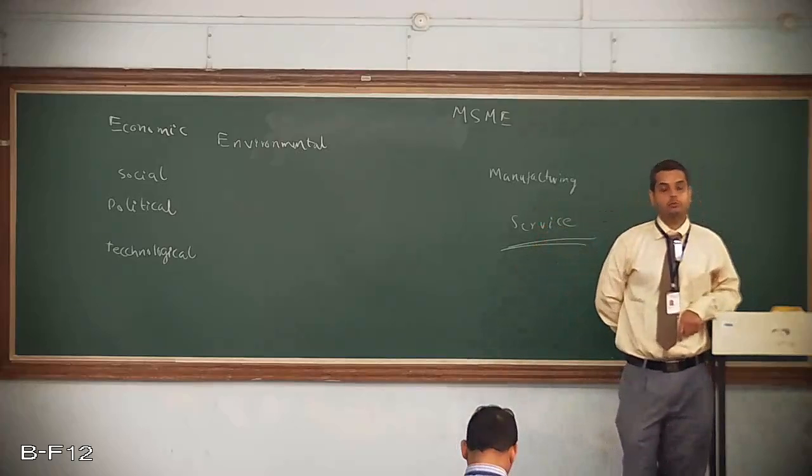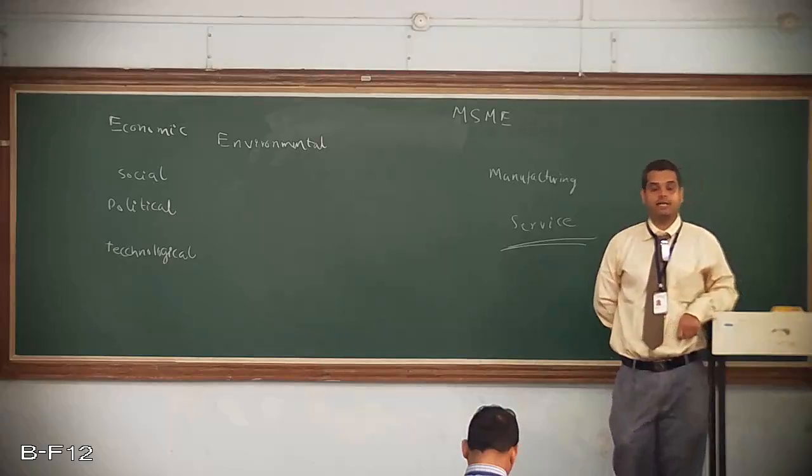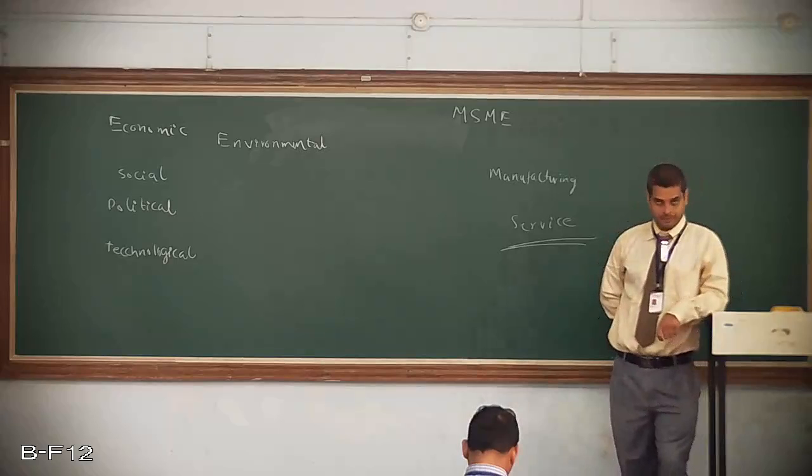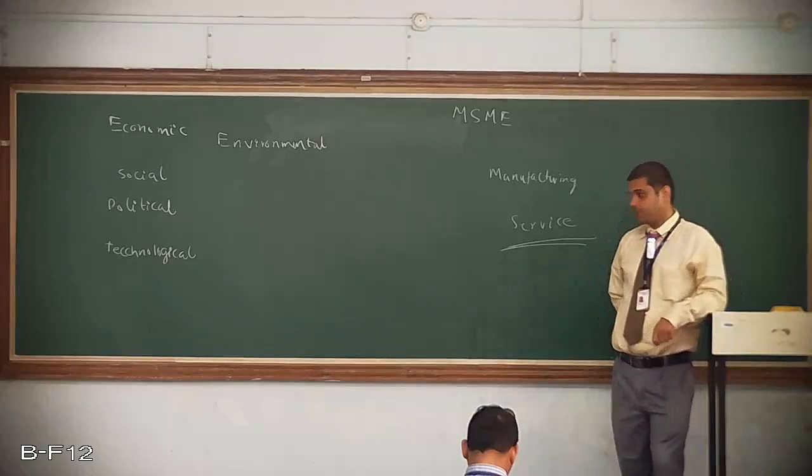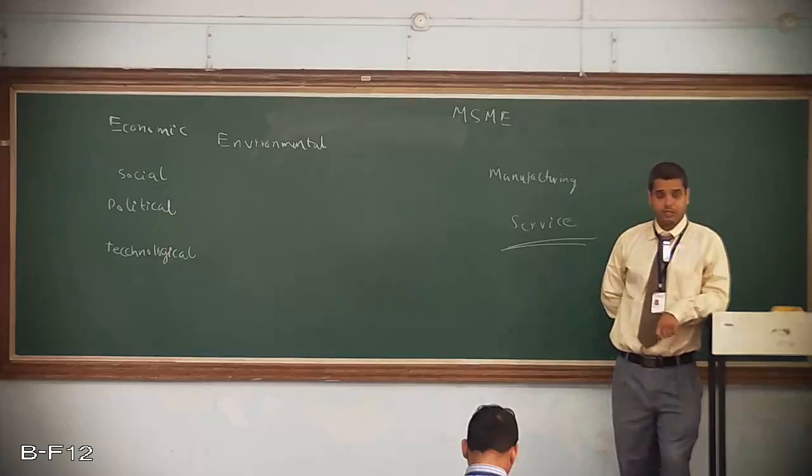But even in these two classifications, how do you understand which is a micro, small and medium enterprise? By the Indian Act of 2006, it was said that with respect to manufacturing, it was only decided based on the amount of money invested.